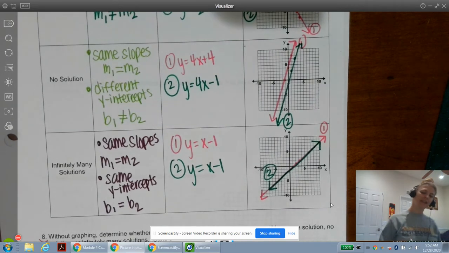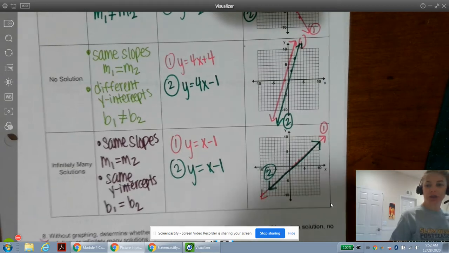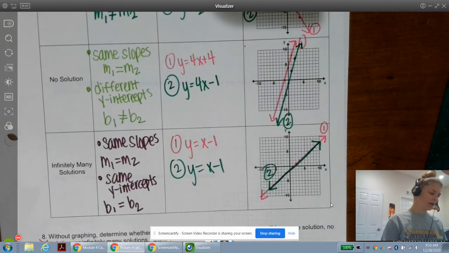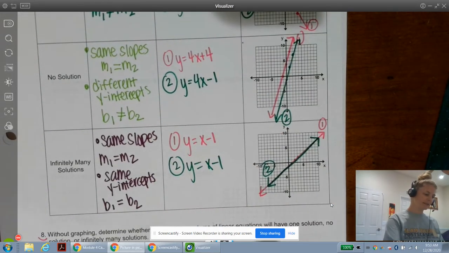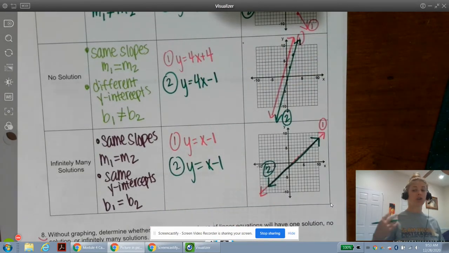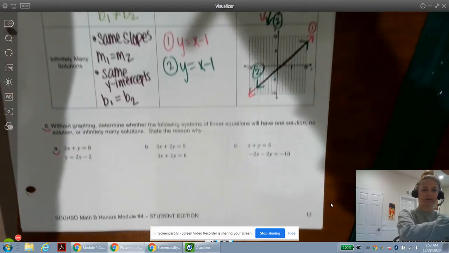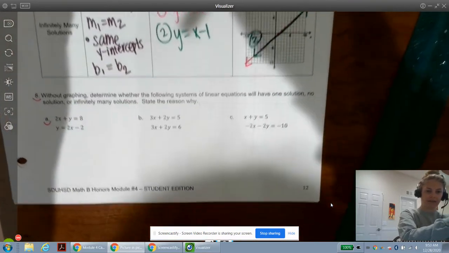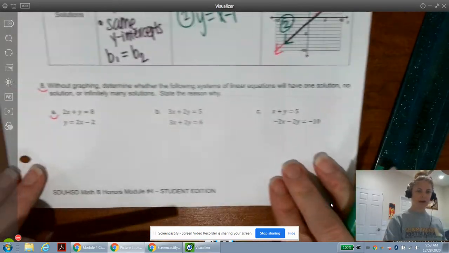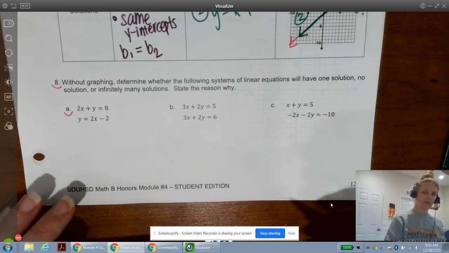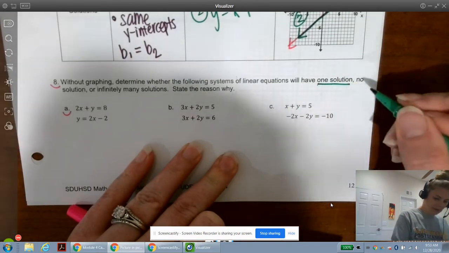Okay, so this is a great little cheat sheet for you to go to and help you remember the different systems. And since we talked about the structure, now we're just going to look at the structure and figure out how many solutions there are. So the directions say for number 8, without graphing, determine whether the following systems of linear equations have one solution.